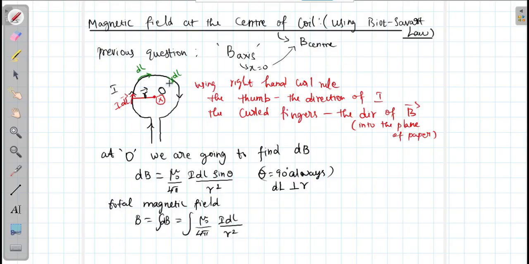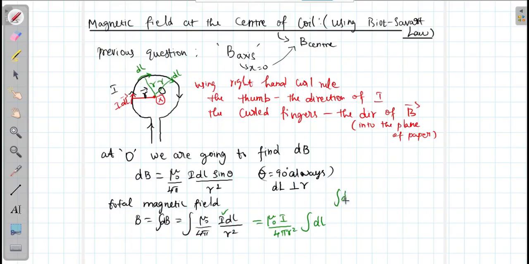It remains constant. r remains same, and the current is also constant. Except dl, all the terms are constant, so just take them outside of the integration. So mu naught I divided by 4 pi are constants, and r square is also constant. So only integral dl is the variable, which means we are integrating over the length of the loop.